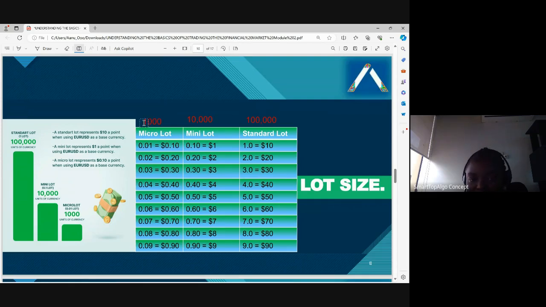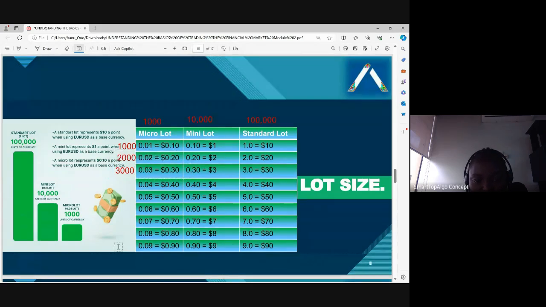Now this micro is in lots. If I want to buy the first one, which is 0.01, I am spending 1,000. If I want to buy 0.02, then it is 2,000. So if I have $2,000, I can buy 0.02.